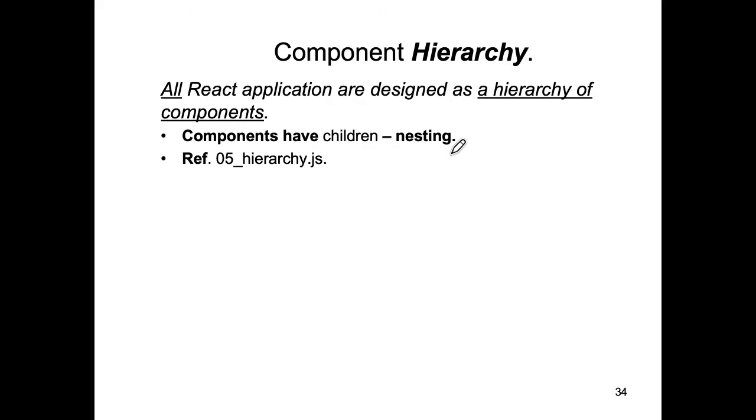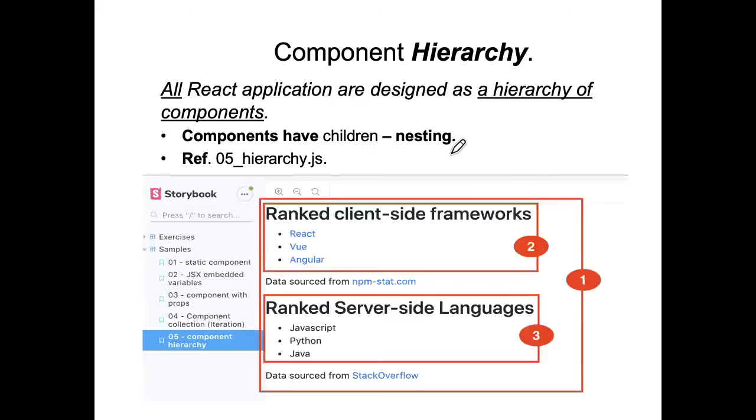Just by way of illustration, I have a sample 5 illustrating it. Again, it's kind of a made up example, but in my sample 5, this is what I'm trying to achieve. I want to have 3 components, where one of them is the parent and the other 2 are children of that parent.